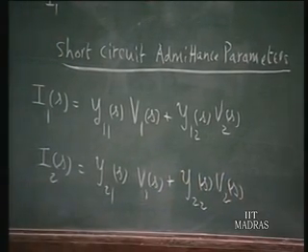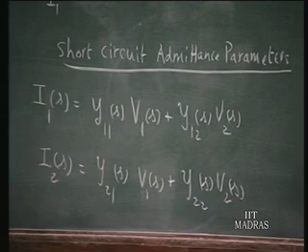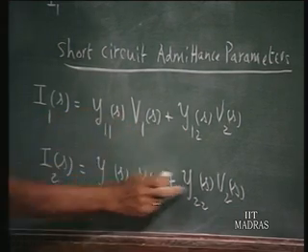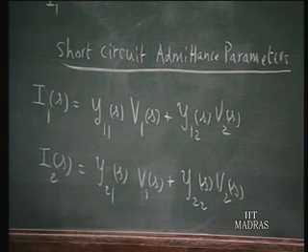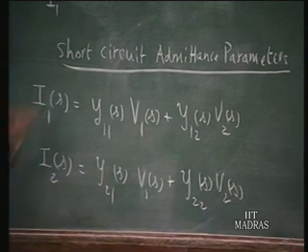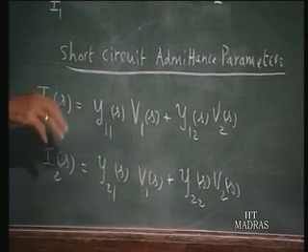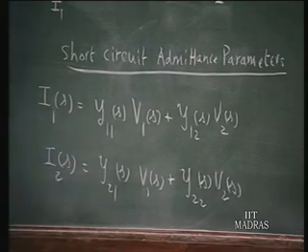So, the network now is characterized by 4 parameters: Y11, Y12, Y21 and Y22. They are called the short circuit admittance parameters because dimensionally they are admittances, because the ratio of current to voltage, and these 4 parameters are called the short circuit admittance parameters.